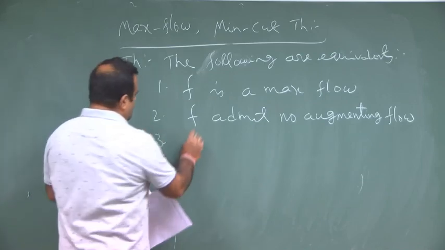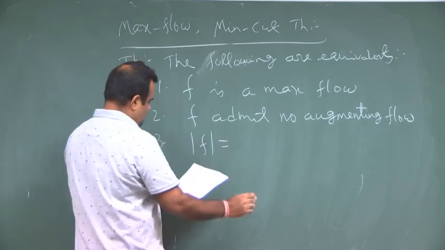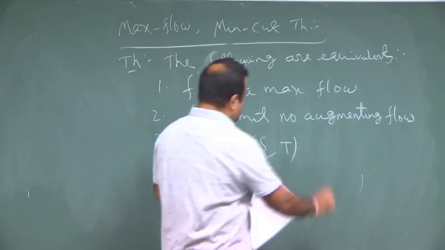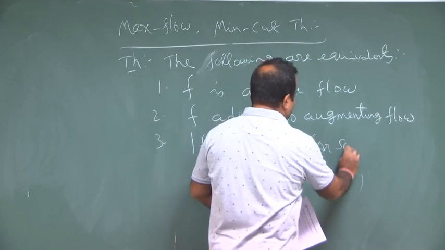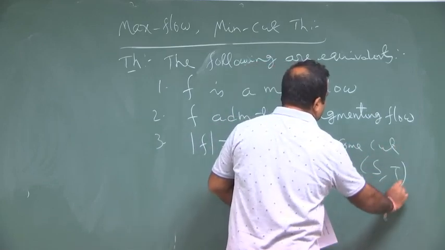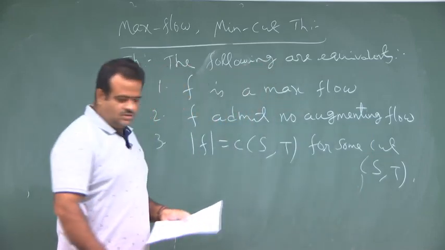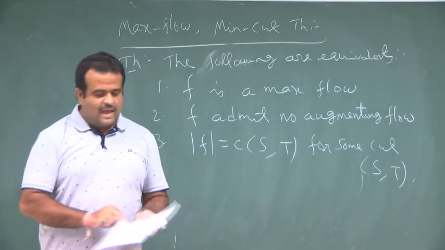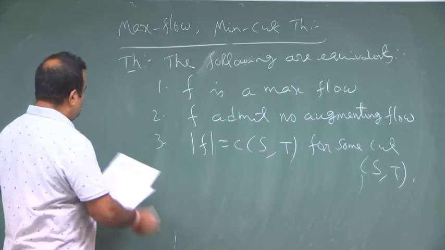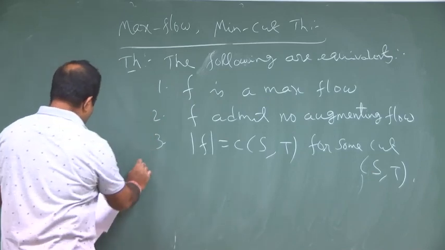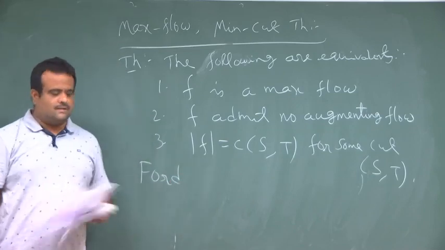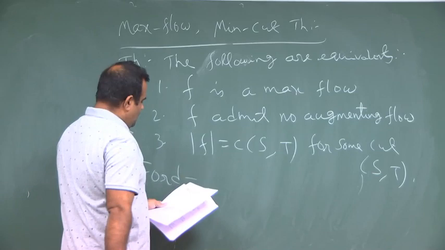Then the flow value is basically c(S, T) for some cut, so there exists some cut. This is the theorem, and there is an algorithm called the Ford-Fulkerson algorithm based on this theorem, which is the algorithm for finding the max flow.